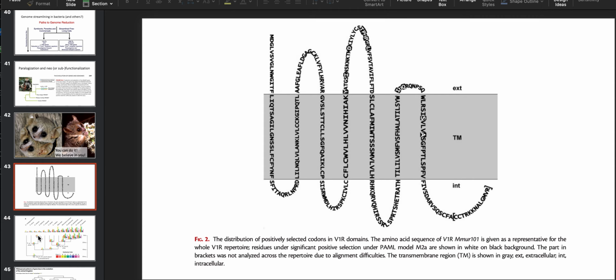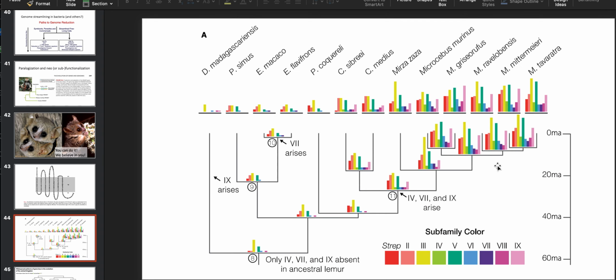And there's a major proliferation of these essentially pheromone receptors in mouse lemurs. So these little bar graphs on different parts of this phylogenetic tree are trying to indicate how many different vomeronasal gene copies there are in the different genomes of these species.